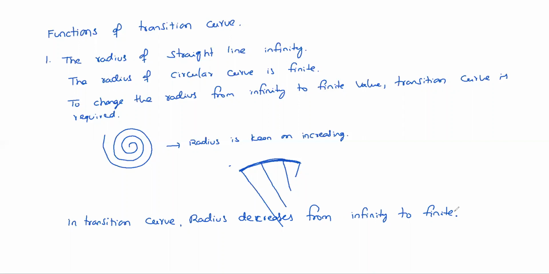Here, you know the centrifugal force, mv square by r, varies from, see, r is infinity means 0 at infinity radius.